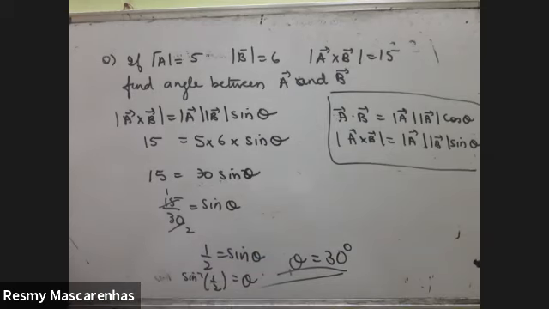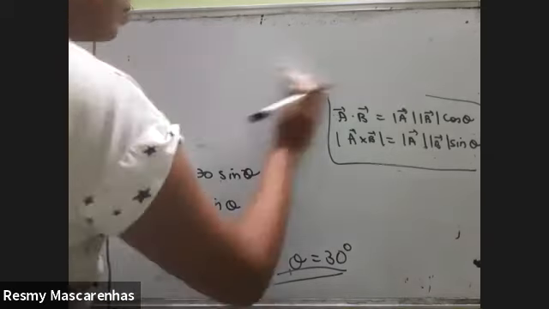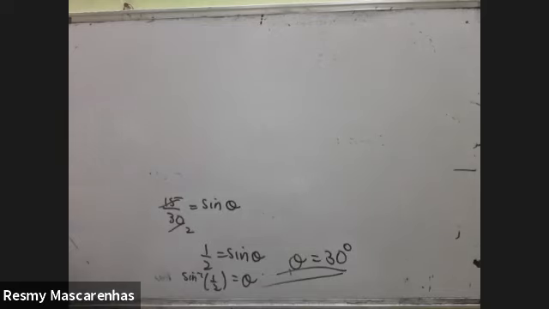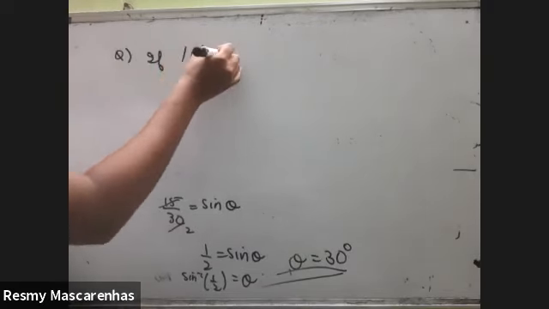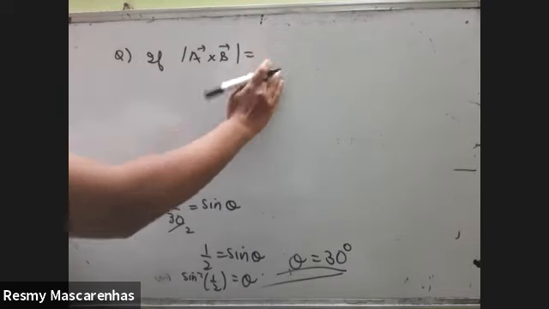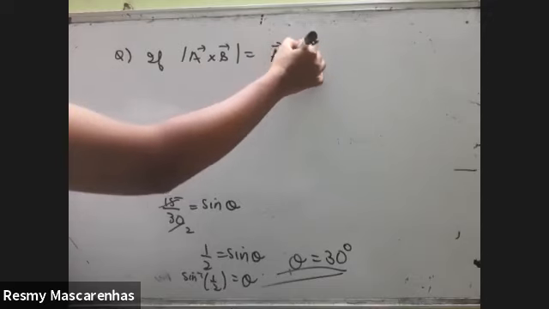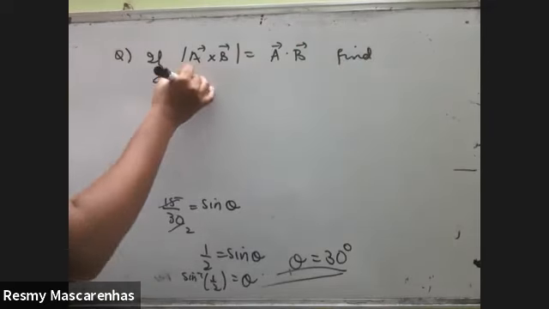Last one on this. If the magnitude of A bar cross B bar is equal to A bar dot B bar, find the angle between A bar and B bar.